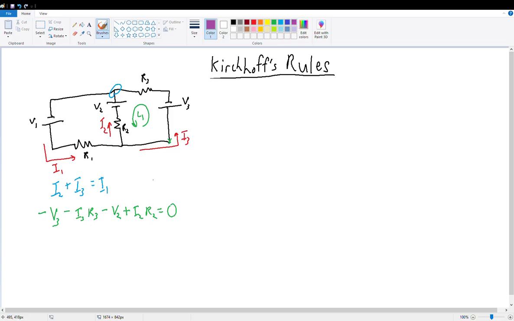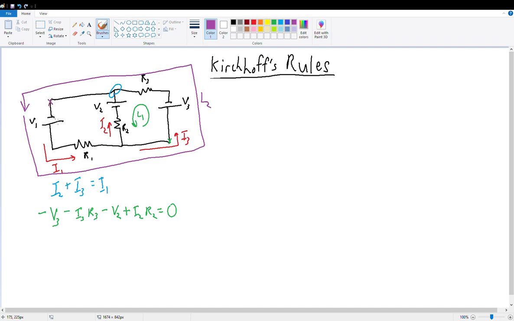And then we just need one more equation, so we need one more loop. All right, so why don't we pick the big loop? So this is going to be loop 2. It is all the way around the outer perimeter of this thing. Again, we need a starting point.